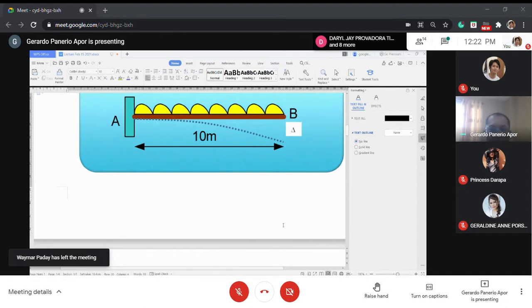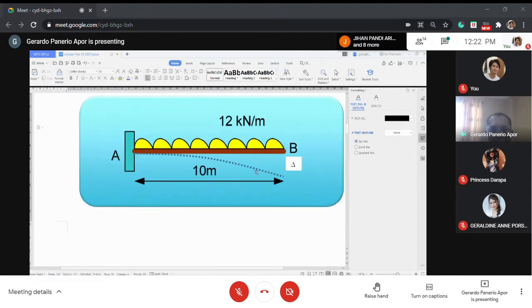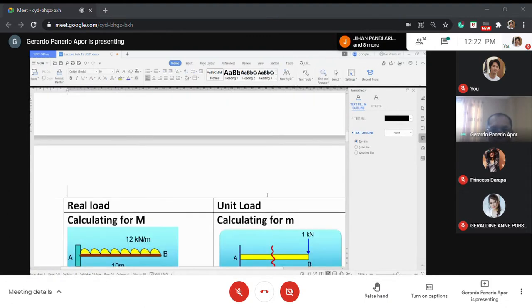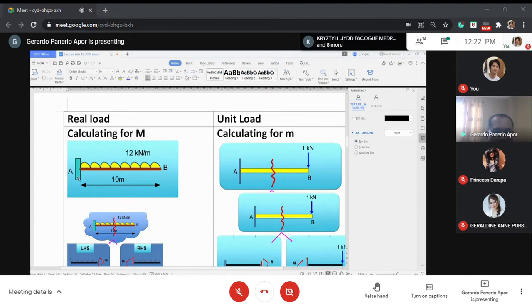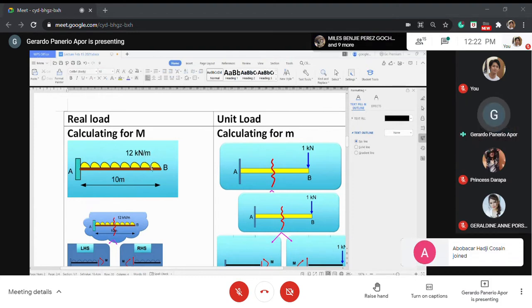So we divide this into real load and virtual load. So for the real load, of course you have the cantilever beam, 10 meters, A to B, loaded with 12 kilonewton per meter.